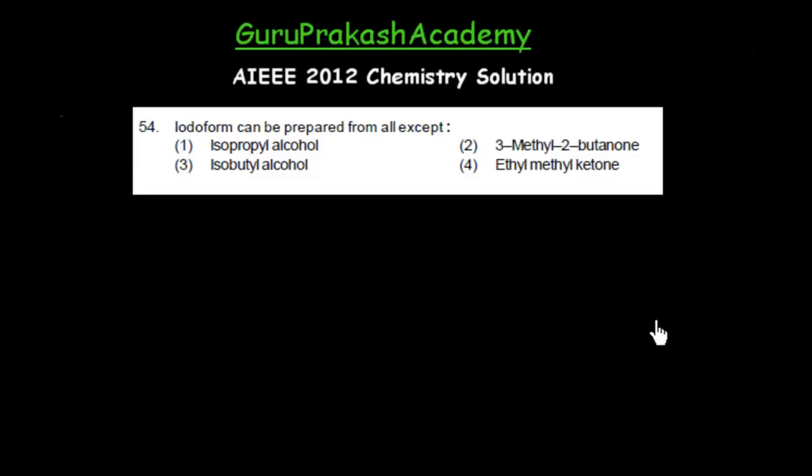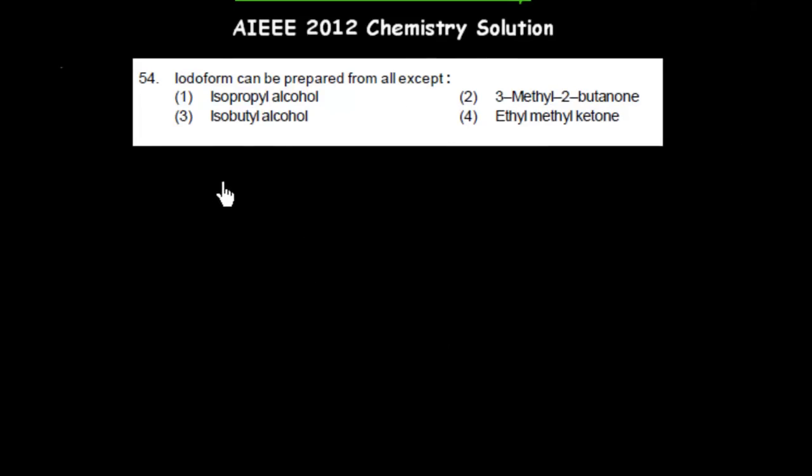Now this is again a straightforward question. Question says iodoform can be prepared from all of the following except. So which of the following will not give iodoform? If you remember, iodoform can be prepared from a methyl ketone group. So if you have methyl ketone, that is the CH3CO group, it will give iodoform test or it will form iodoform.